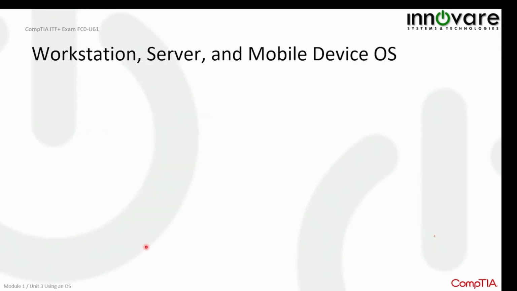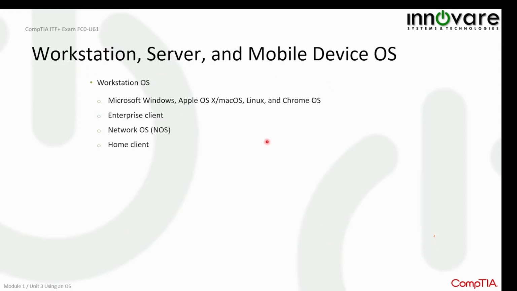Now let's talk about operating systems on different kinds of computers: workstations, servers, and mobile devices. So in a typical workstation operating system, ang makikita mo dyan yung Microsoft Windows, from Apple itself, OS X or Mac OS, and then yung open system like Linux, and then those embedded ones like Chrome OS.